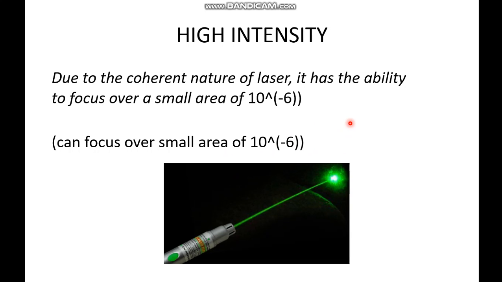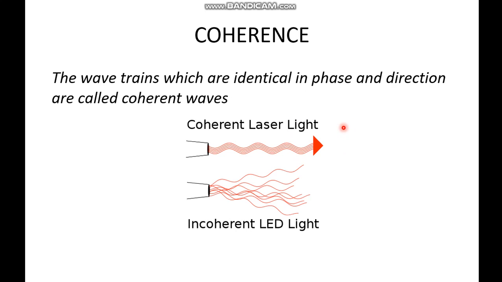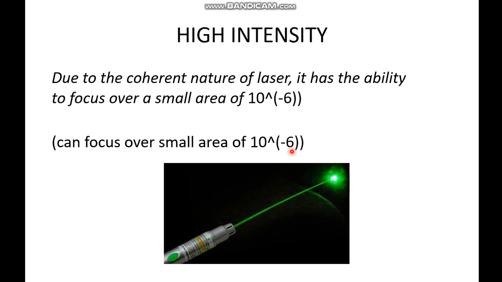Second one is high intensity. Due to the coherent nature of laser, it has the ability to focus over a small area, which can be of the order of 10 to the power minus 6. Here in coherent laser, the light is not scattered like in the LED light, so it is all going in the same path and direction. That's why it gets high intensity.